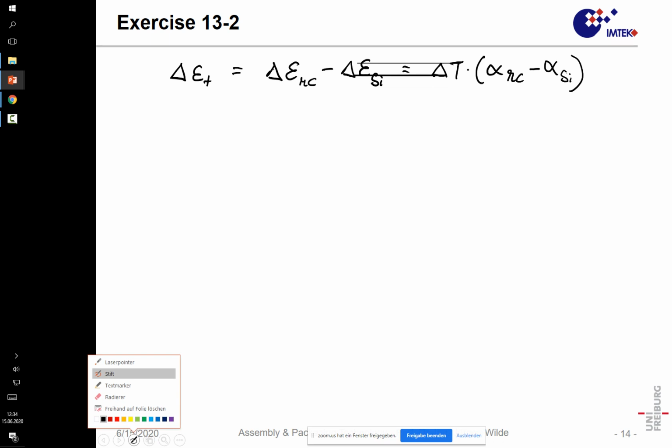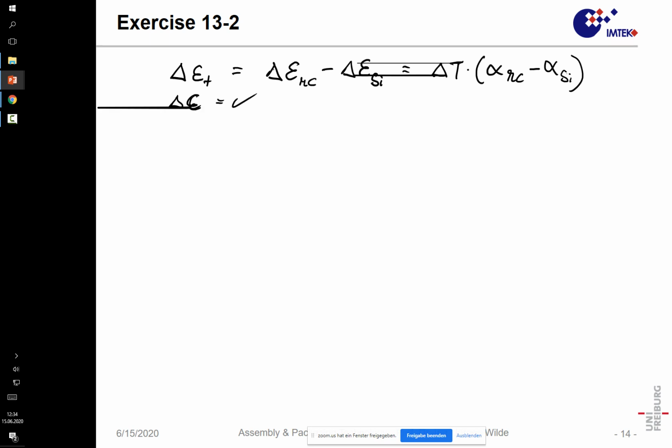Okay, so delta epsilon T is known. So that's something we can already have.